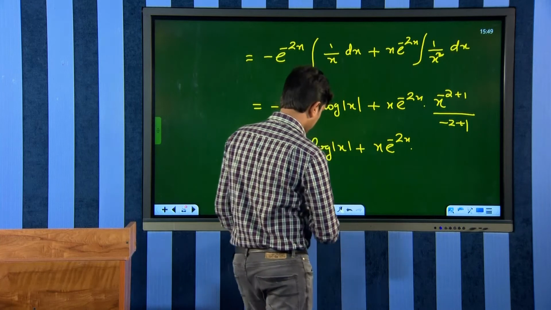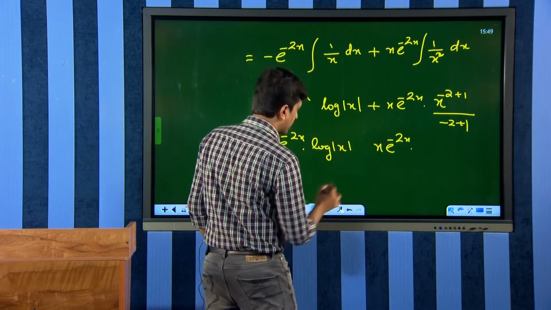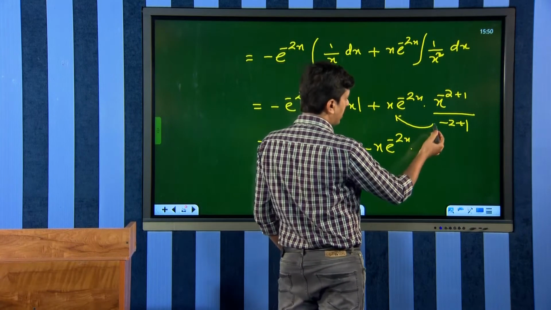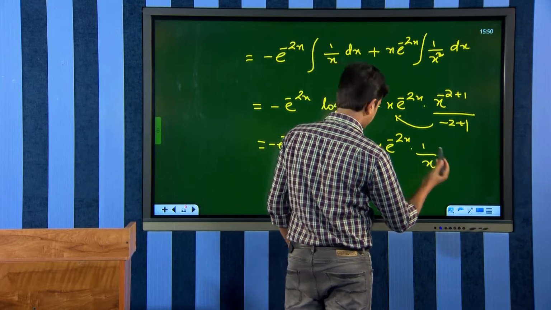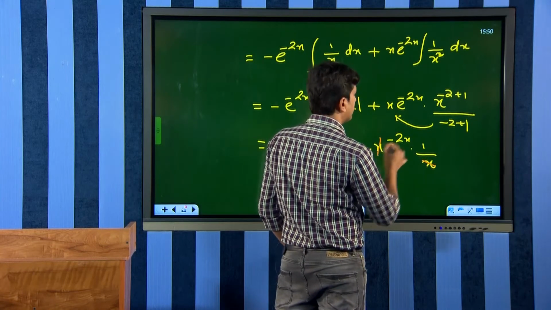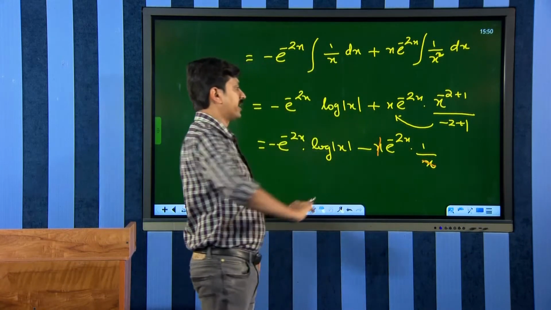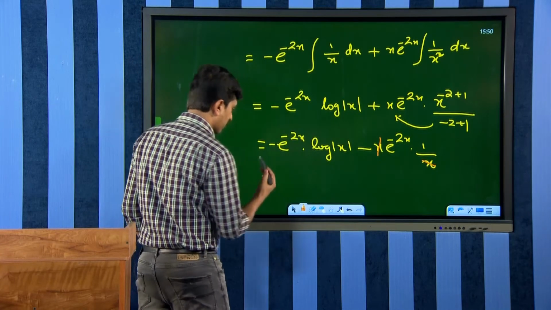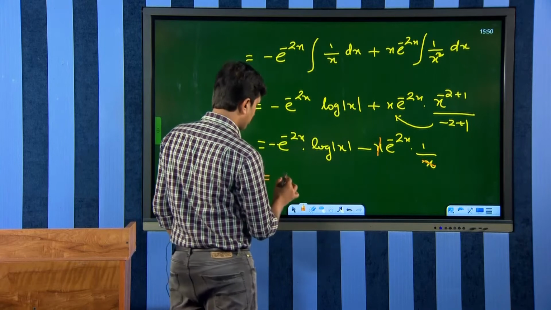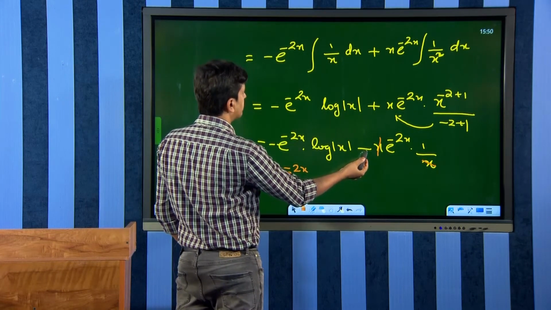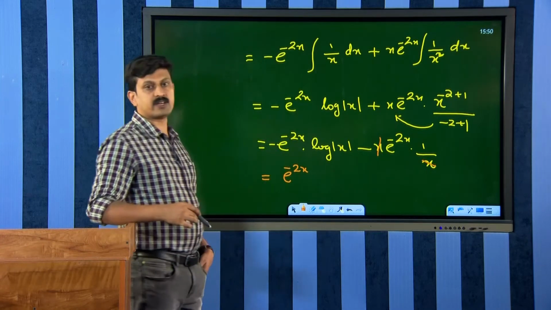Instead of that, I just take this minus sign to here, and here we have 1 by x. Again we can cancel this x and x, since x raised to minus 1 and x raised to plus 1 are there. So, finally, we found that here we have a negative sign as well as here also a negative sign.